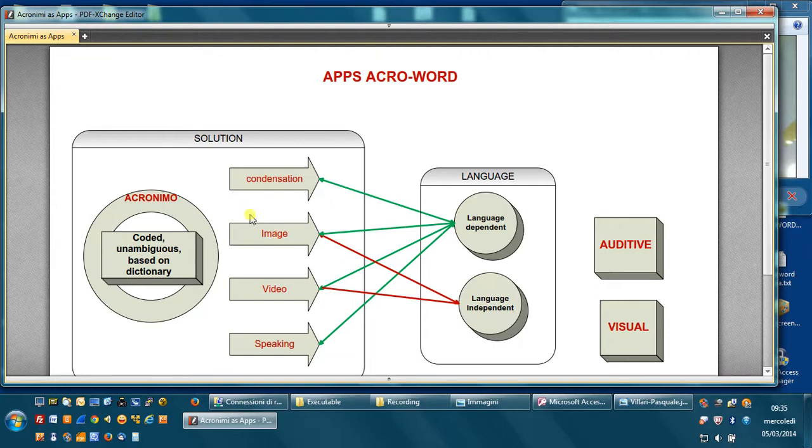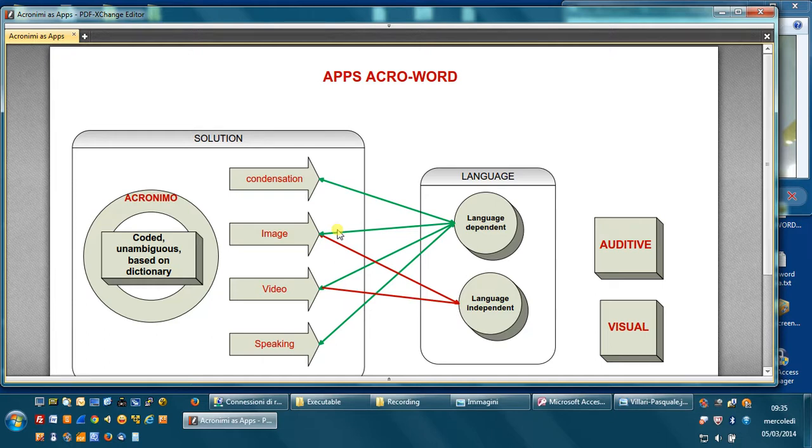But we also have the possibility to link an image to the acronym. The image can be language dependent or language independent. This is obviously clear, because an image can be without any writing inside, and in that case it is language independent, because there is no phrase or word inside.